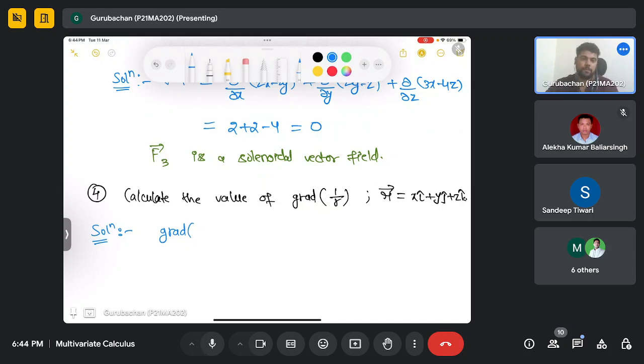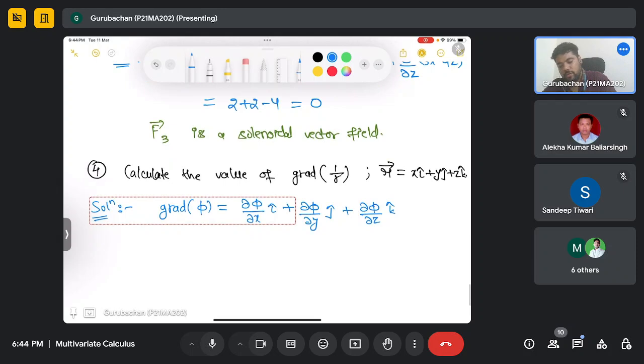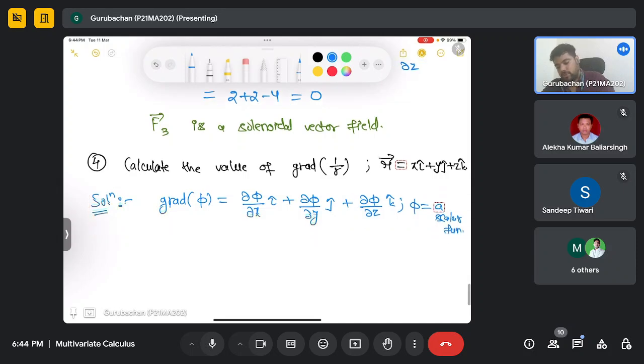Scalar. So suppose phi is any scalar function. So grad phi is del phi by del x i cap, del phi by del y j cap, del phi by del z k cap. Here phi is a scalar function.